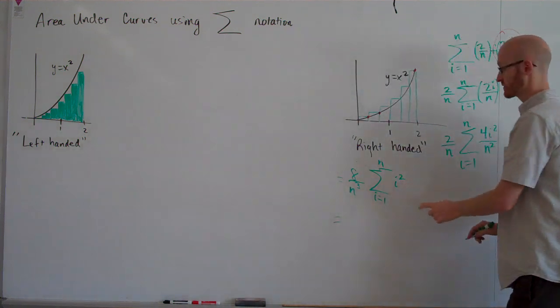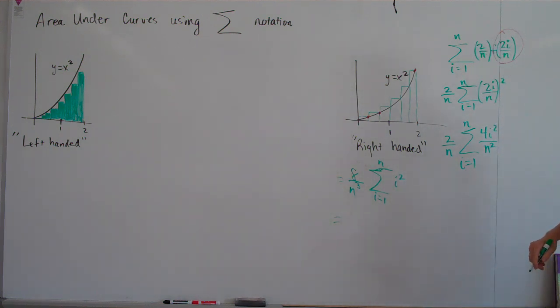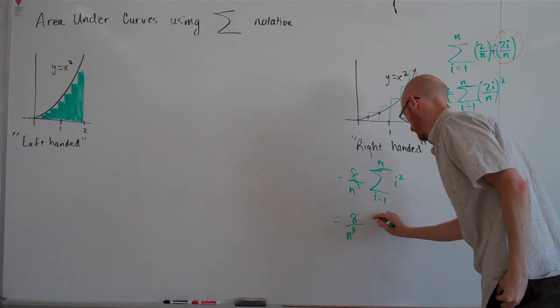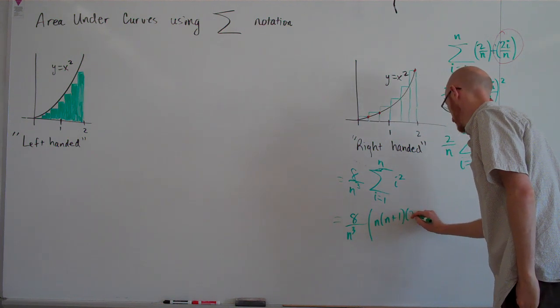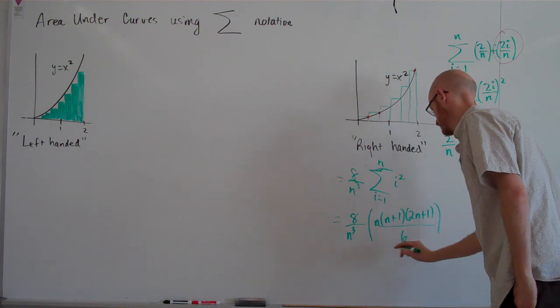And this is one of those formulas that we learned in the last lesson. It's on the PDF as well. It is n times n plus 1 times 2n plus 1 over 6. So you get 8 over n cubed times n times n plus 1 times 2n plus 1 over 6.